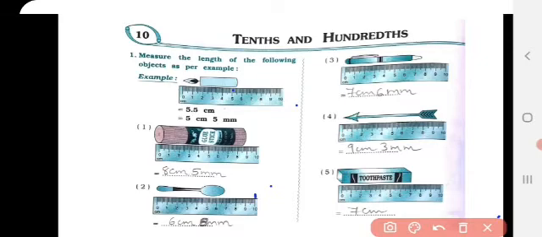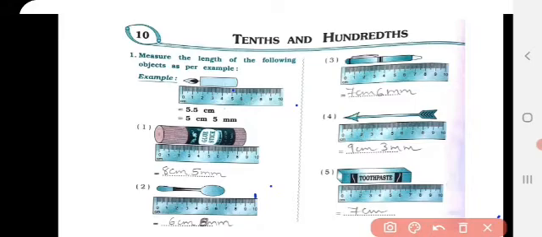Now let me clarify with one example. It is given 5.5 centimeters. Generally, small objects are always measured in centimeters on the scale or a ruler, right?